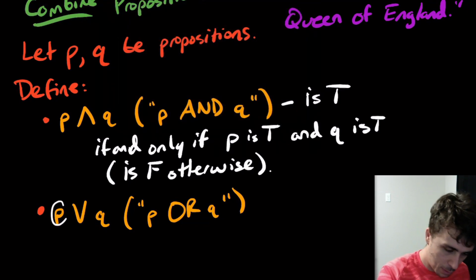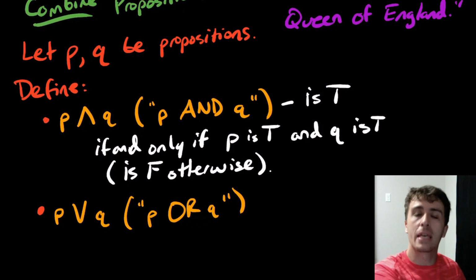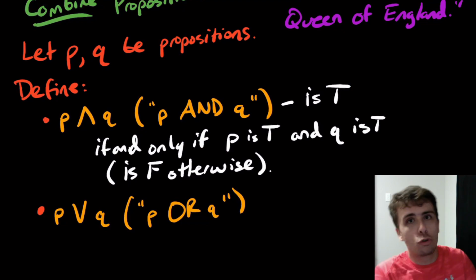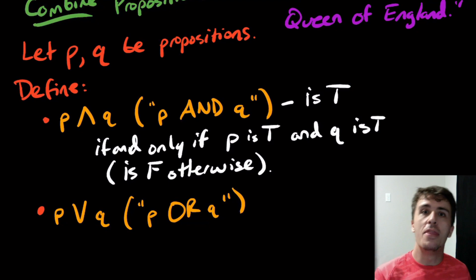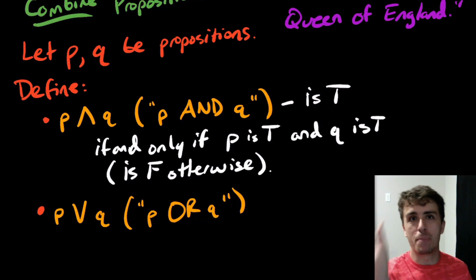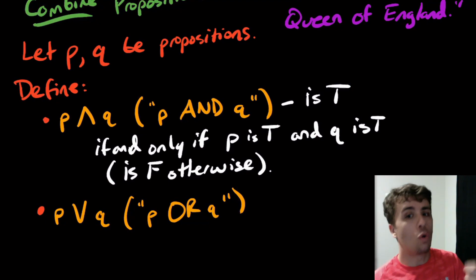And you might expect that this proposition right here is true if either P is true or Q is true. If both of them are true, great. If one of them is true, great. If neither is true, then the whole thing is false. And that makes sense, because if P is false and Q is false, then P or Q should be false.